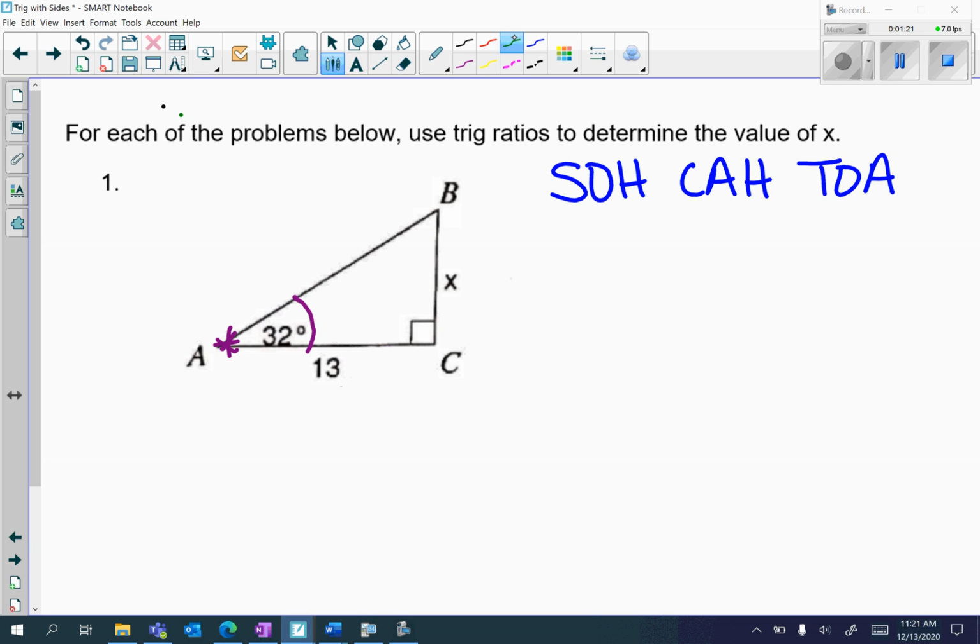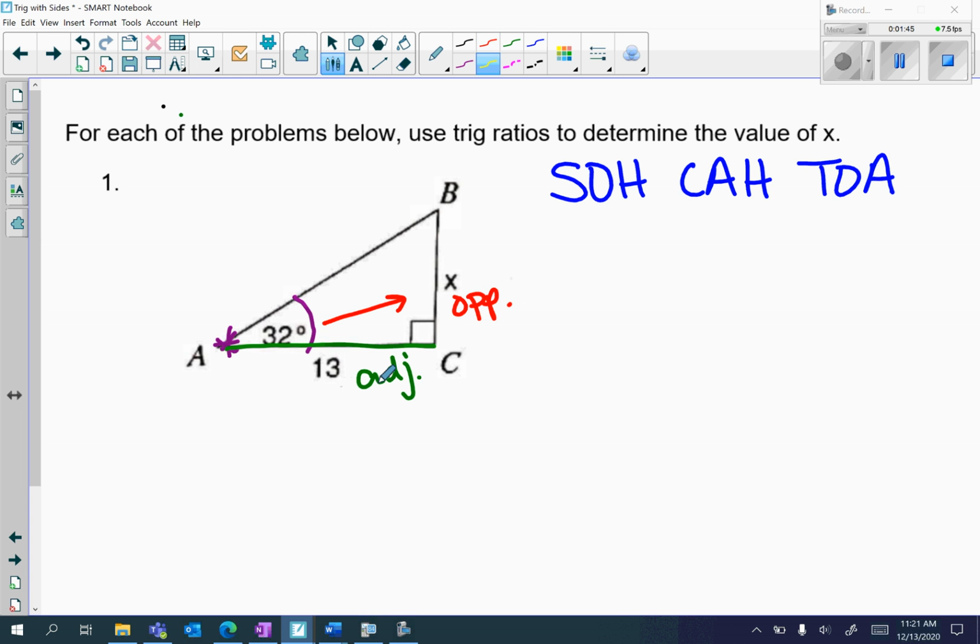Next, let's label our right triangle. 13 is my adjacent, because it's next to the central angle. X is opposite of my central angle. The hypotenuse is AB, but we don't need to use that because there's no number or variable there.